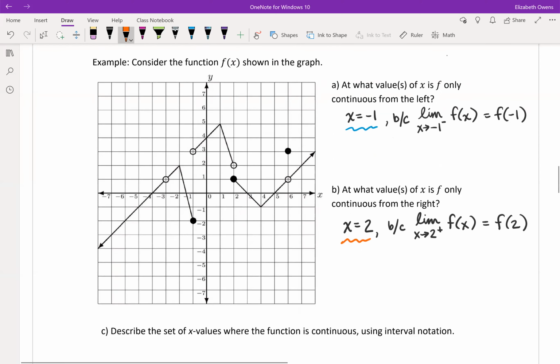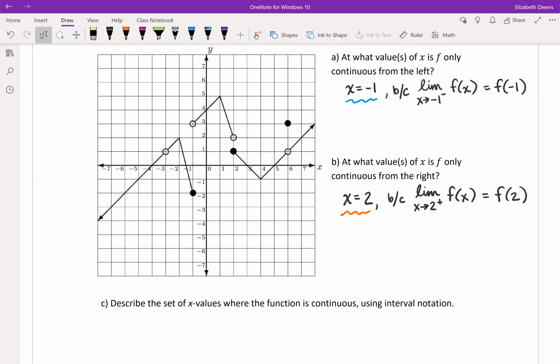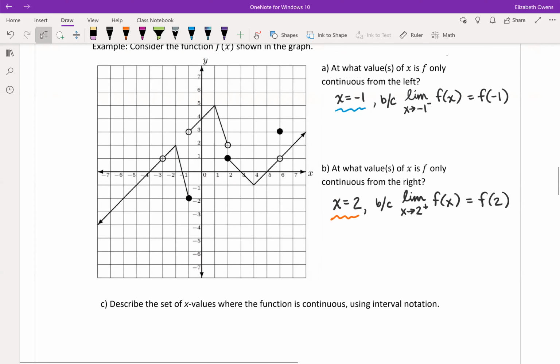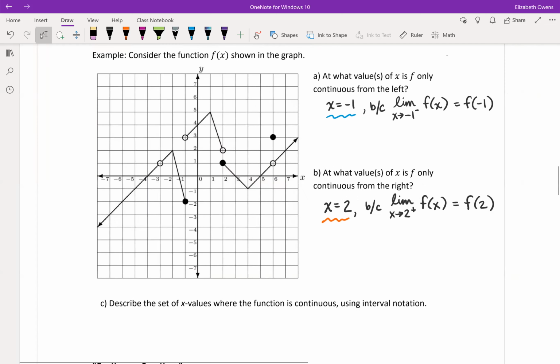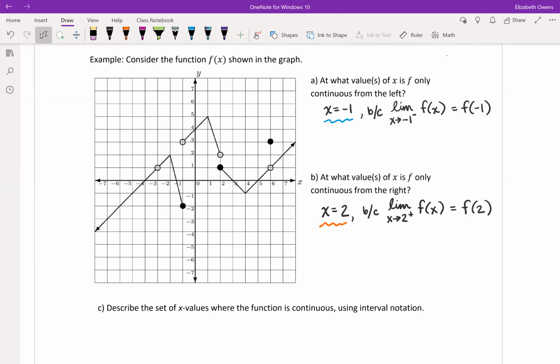All right, so then the third part of this question for this function f of x is to describe the set of x values where the function is continuous using interval notation. We are going to have quite a few intervals of continuity here.